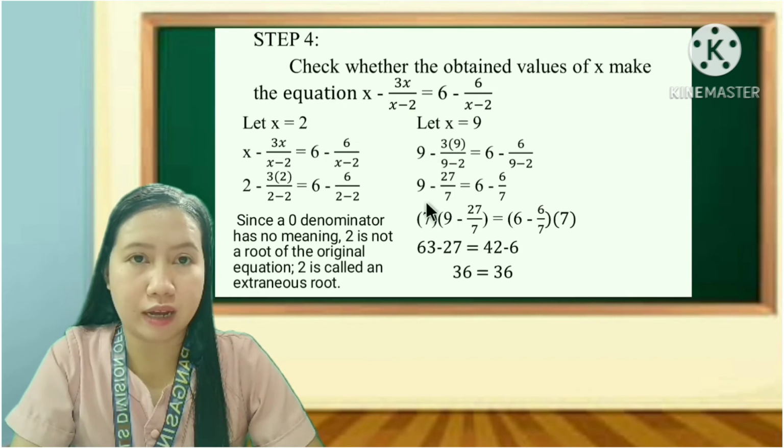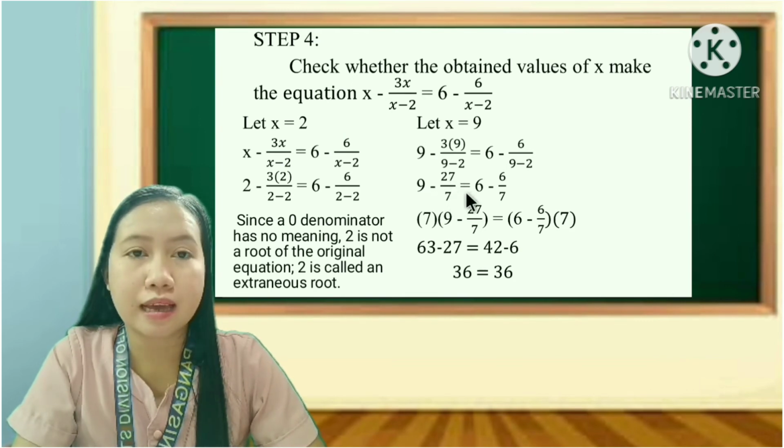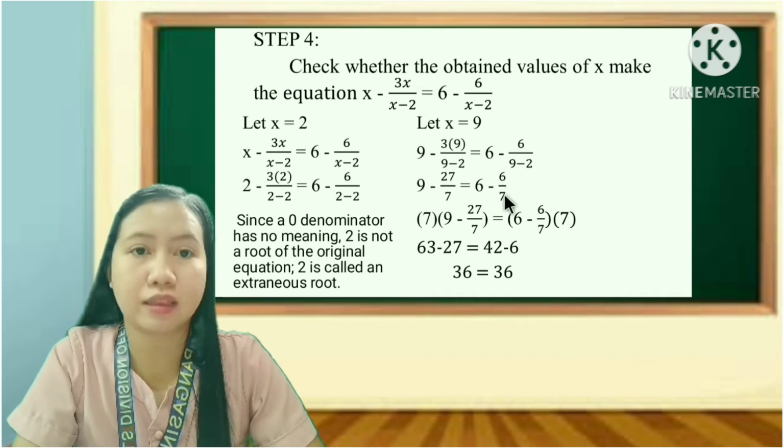Okay, so we have 9 minus 3 times 9, that is 27, divided by 9 minus 2, and that is 7. So we have 27 over 7. Next, 6 minus 6 over 9 minus 2, that is 7. So we have here 6 over 7.